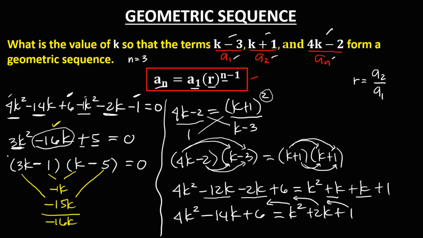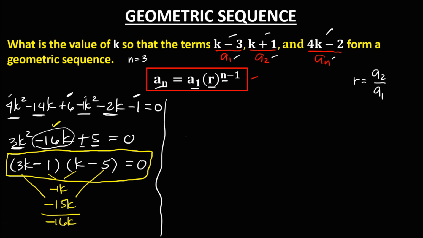So therefore, these are now the factors for this quadratic equation. Then to solve for k, we just need to equate all the factors to 0. So we have the first factor, 3k minus 1 equals 0. Then the other one, k minus 5 equals 0.